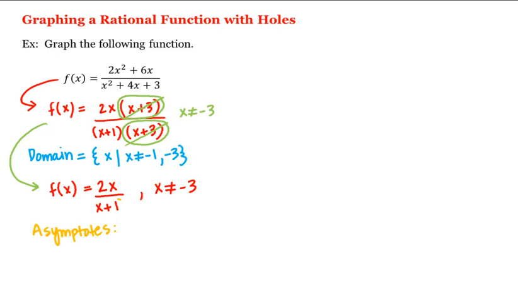So looking here, x plus 1 will equal 0 when x is equal to -1, which means this function has a vertical asymptote of x equal to -1.